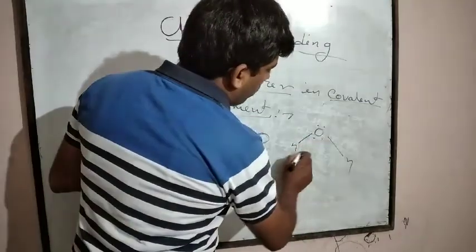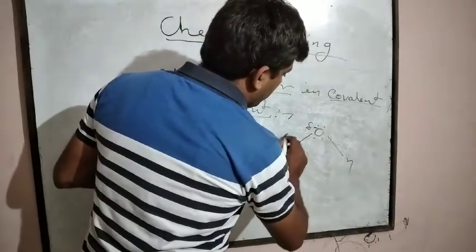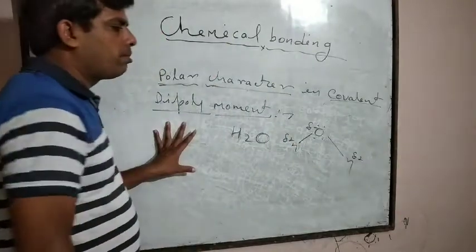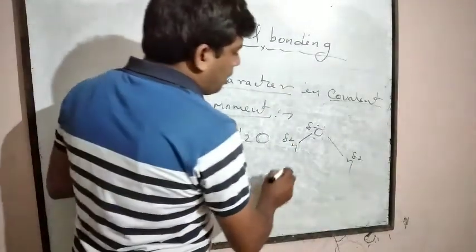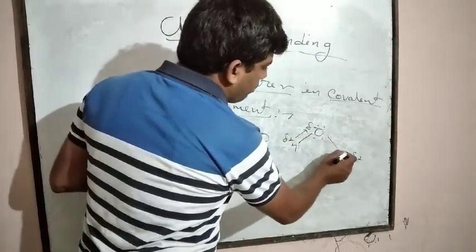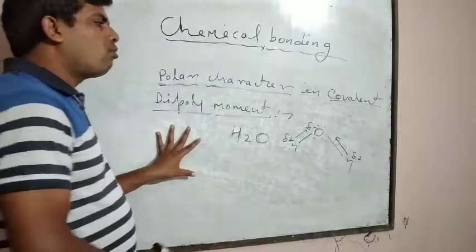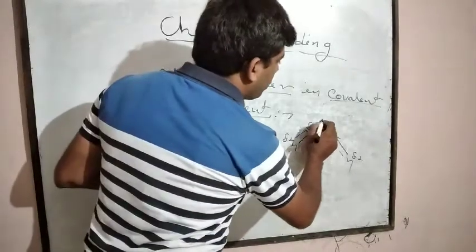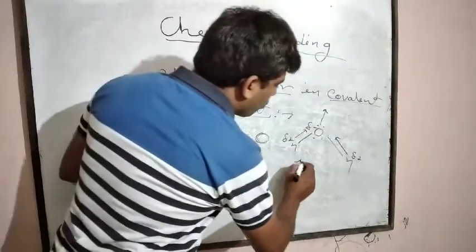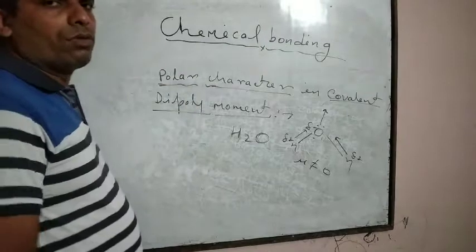Here oxygen is more electronegative than hydrogen. That's why oxygen bears a negative charge and hydrogen bears a positive charge. This hydrogen also bears a positive charge. Here the direction of dipole moment is from positive to negative, here also from positive to negative. And in this way, the net dipole moment is directed towards this side. Hence, mu is not equal to 0.